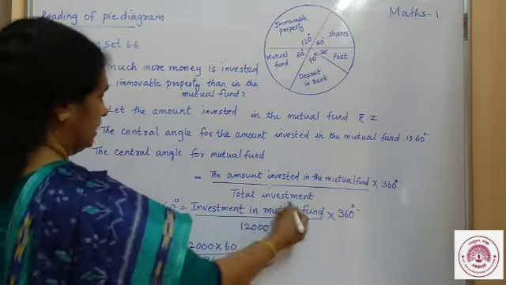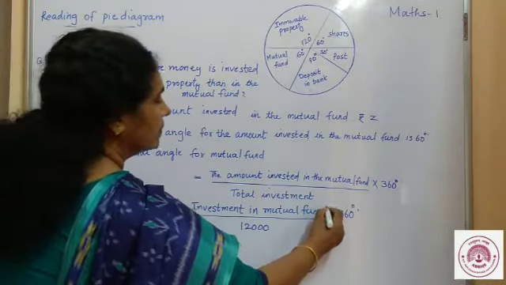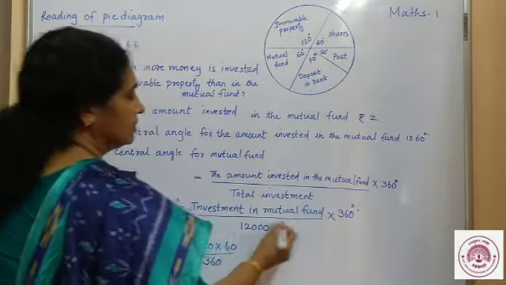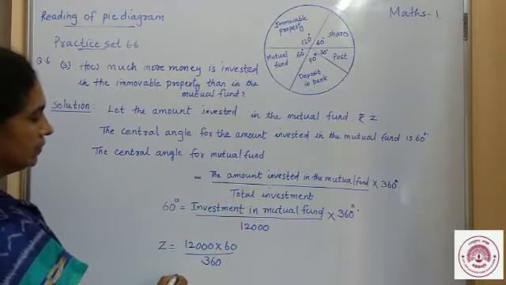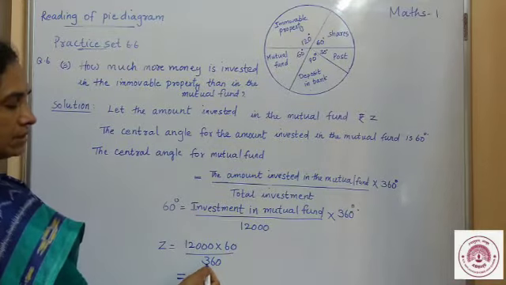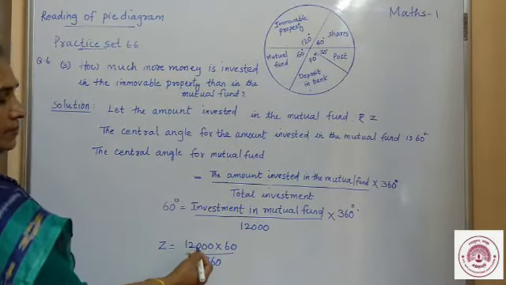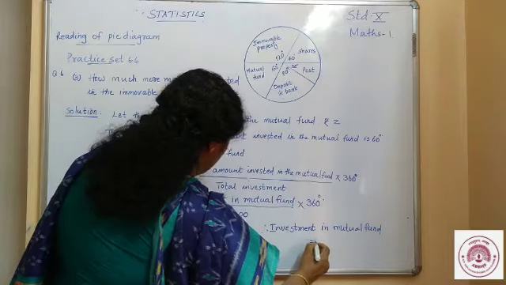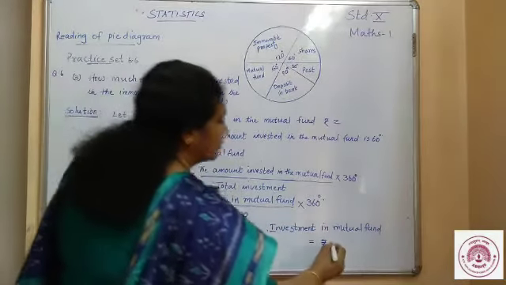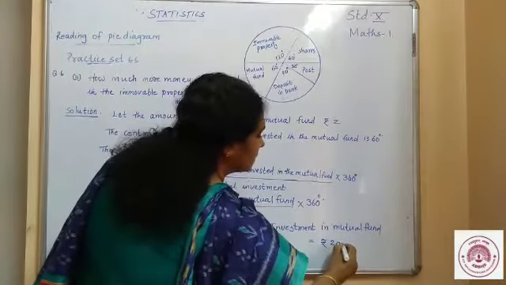The 0 will get cancelled. 6 sixes are 36. 6 and 12,000 divided by 2 rupees. Investment in mutual fund is equal to rupees 2,000.